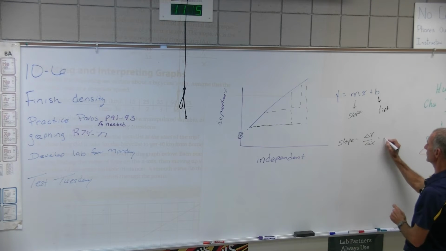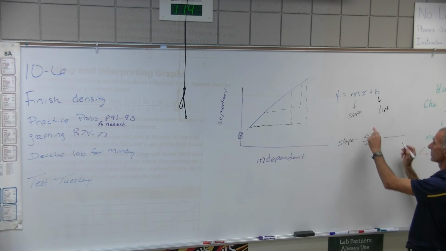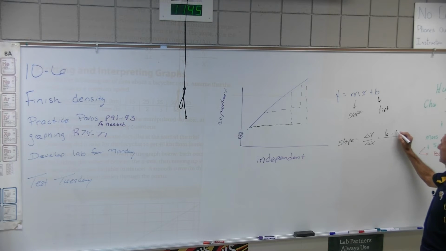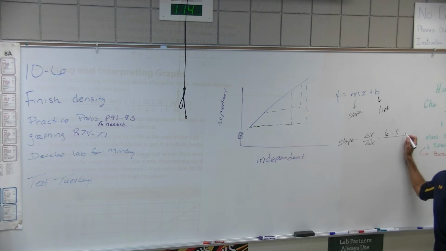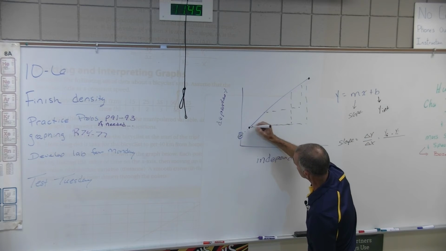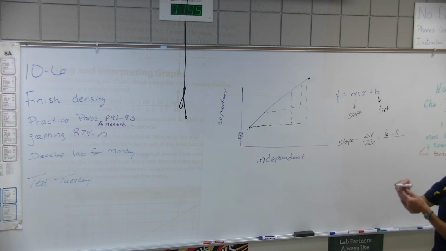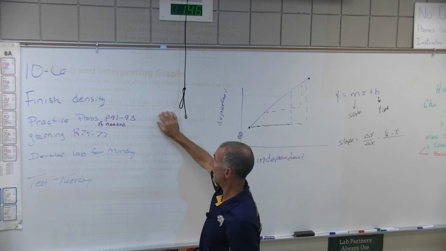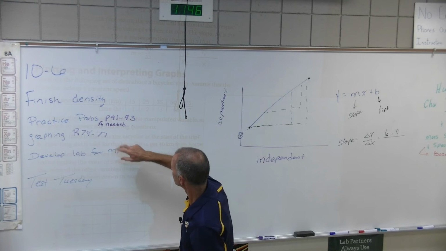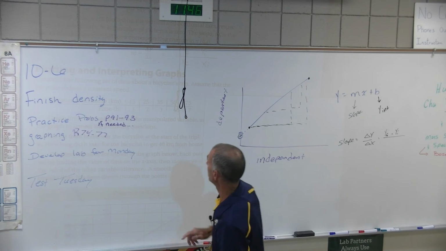Whenever you have a delta or change in, it's always final minus initial. So I want you to take the final value of y minus the initial value of y. I want you to take the whole scope, not just a small portion. In your handout, you have this as an example. We have time as the independent variable and distance as my dependent variable.